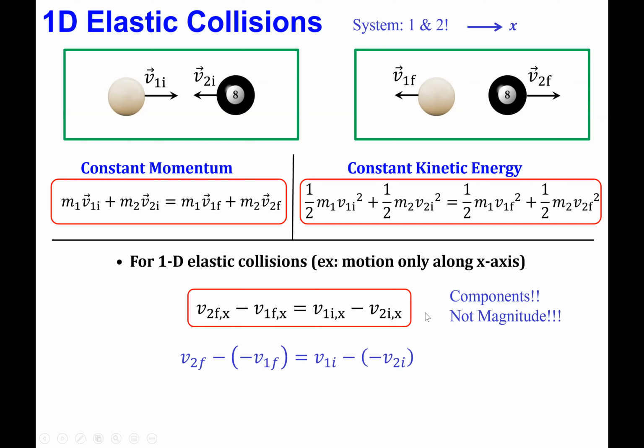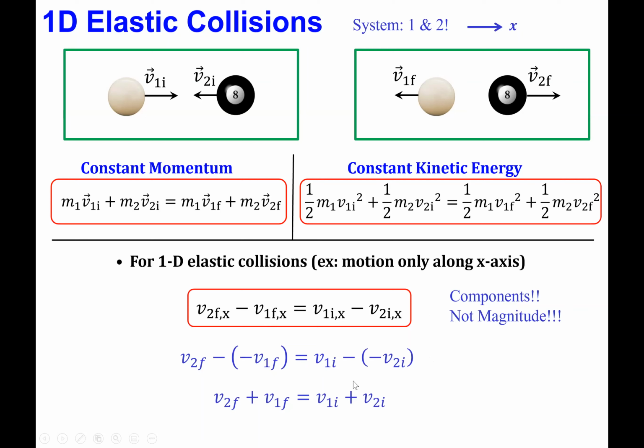So the step here is simply going from the individual components, initially and finally, and then coming up with an equation that involves the magnitudes of velocities. And finally, distributing the minus signs, we end up with this equation here.